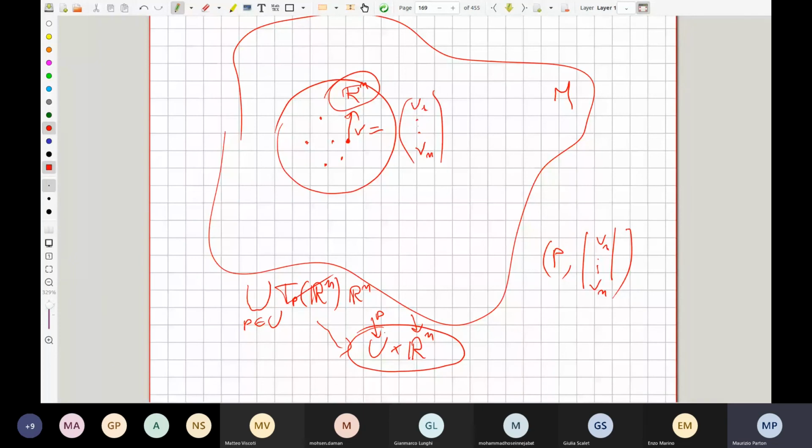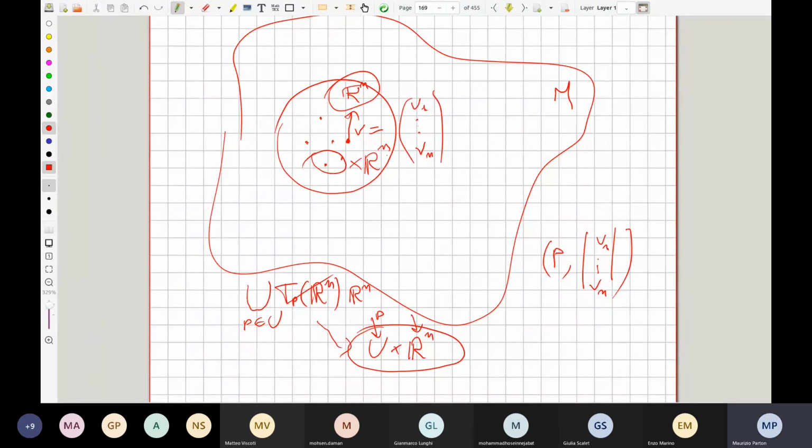And so this means that U times Rn is a topological space. In particular, you can say that an open set in your space can be just an open set here times Rn.